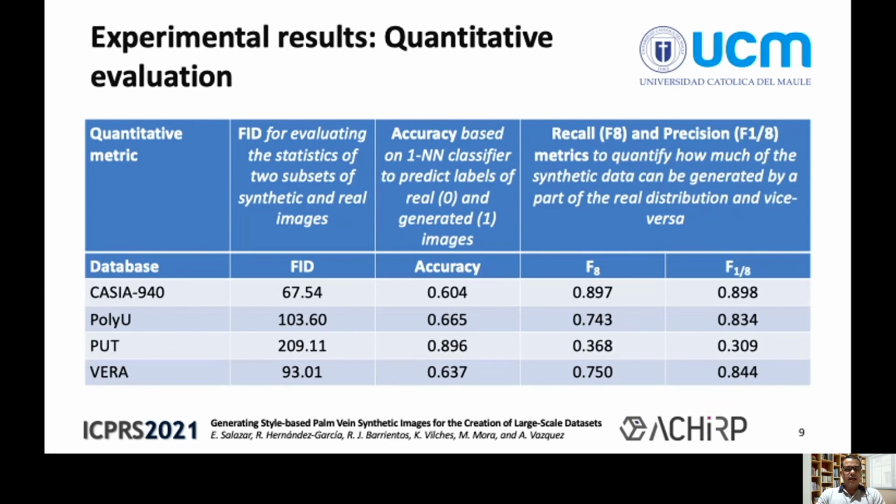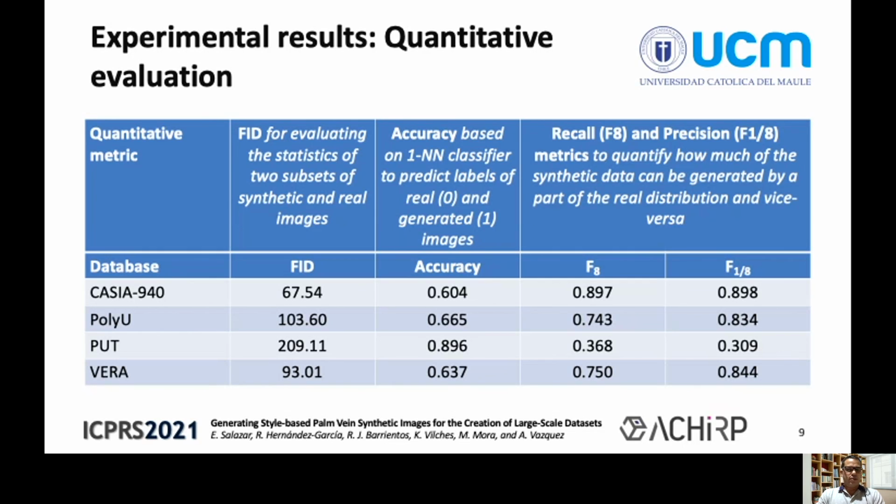Contrary to classical classification problems, in this case, the closer the value is to 50%, the more similar the two datasets are supposed to be, since the classifier misclassifies them. In order to complement the evaluation, we finally assess both distributions by computing recall and precision metrics to quantify how much of the synthetic data can be generated by a part of the real distribution and vice versa.